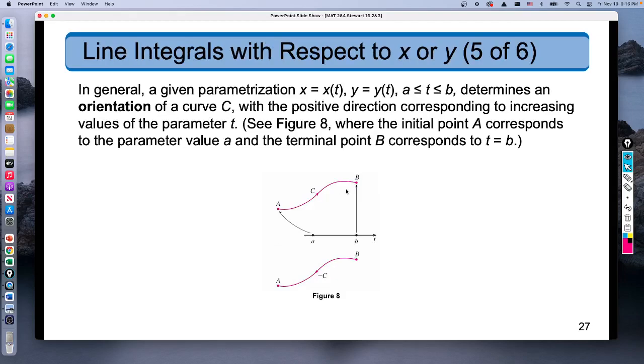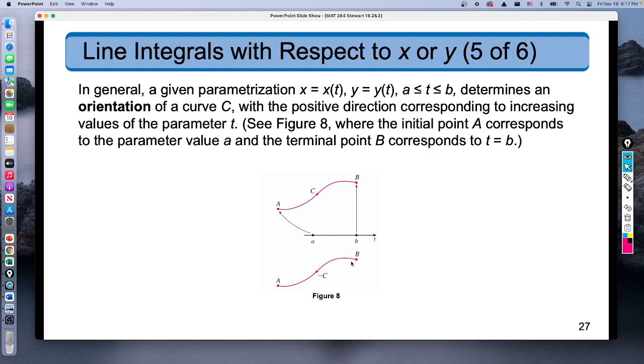so in general, we can parameterize over a value of t, and one of the things we can see, it gives us an orientation of the curve. That t is generally chosen in a way that it's a parameter that's increasing, and so we go from A to B in an increasing way.